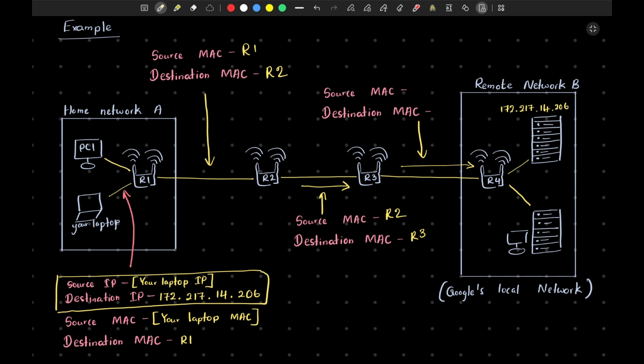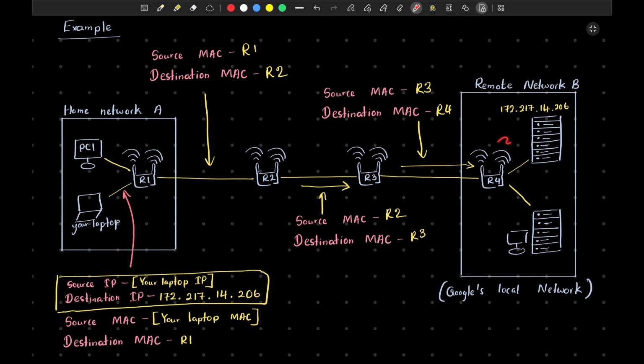Here the source MAC address should be R3 and the destination MAC address should be R4, right? Then R4 checks whether this IP address resides on its own network. So yes, the IP address resides on this network.